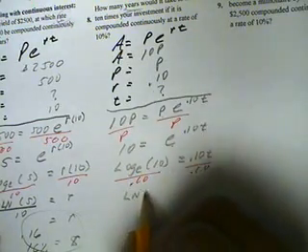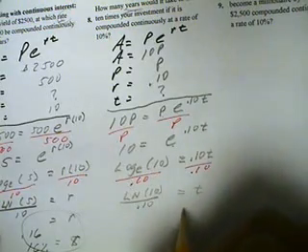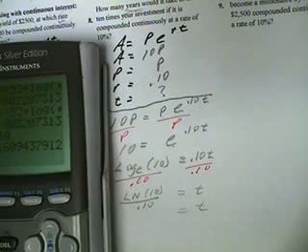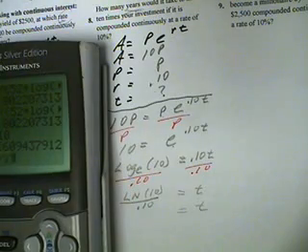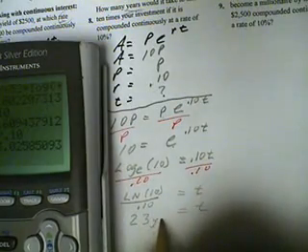This will give us the natural log of 10 divided by 0.10 equals t. So the natural log of 10 divided by 0.10 will give us 23 years.